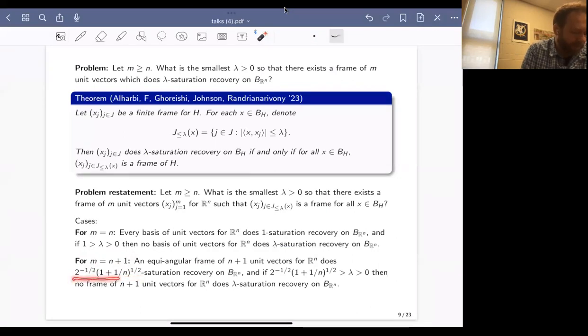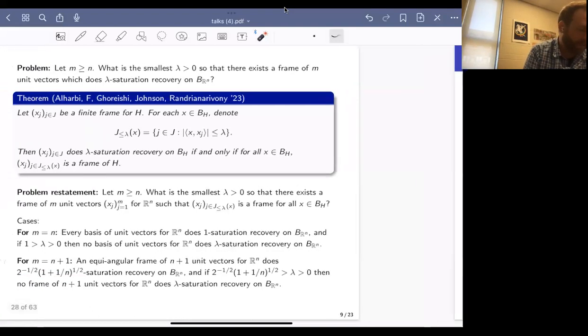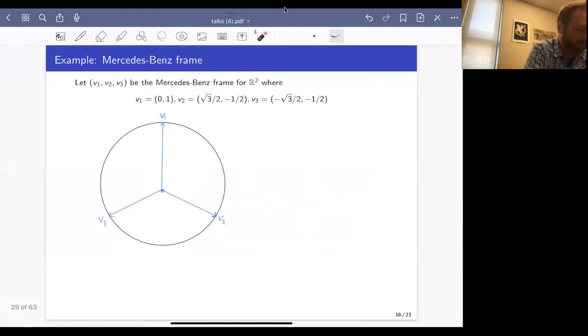And this is the smallest value of lambda that any frame of n plus 1 unit vectors will do saturation recovery on the unit ball. So let's look at how this works out. Here's the Mercedes-Benz frame. It's an equiangular frame of n plus 1 vectors in R^2.